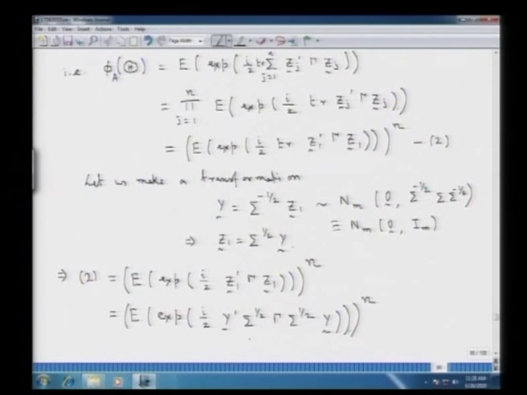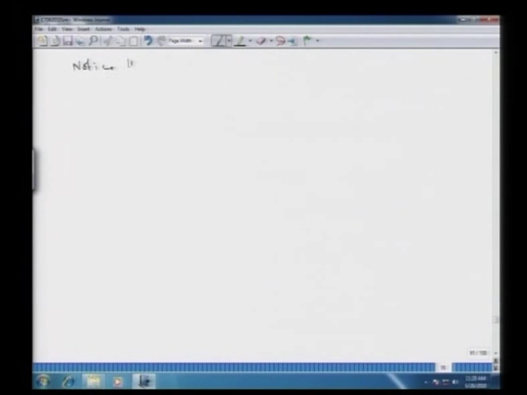So, the characteristic function thus is of this particular form. Now, let us see what is special about this particular matrix, sigma half gamma sigma half. Let me give this equation number 3 and move on to realizing what this is. We notice that sigma half gamma sigma half is a real symmetric matrix.